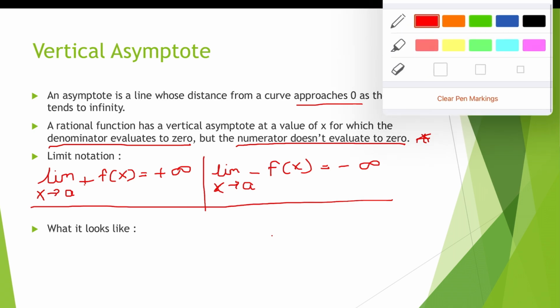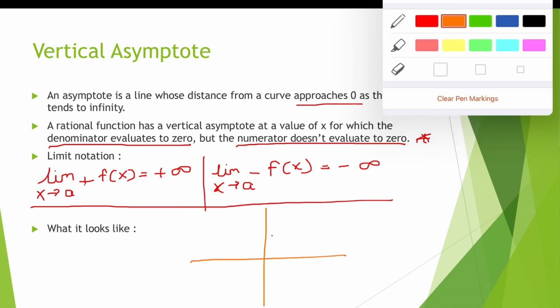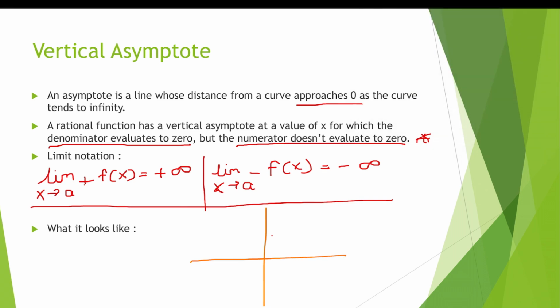So, for instance, if you have a graph like this, okay, these are the x and y axes, and it says that a vertical asymptote is a line, okay? Let us assume the line to be x equals a. This is the line x equals a.